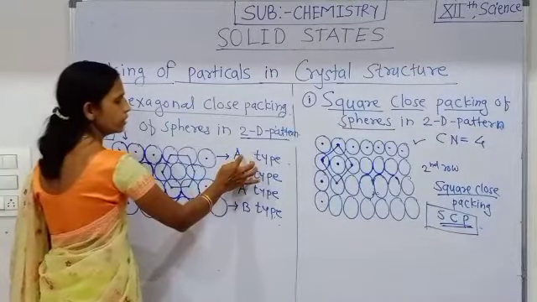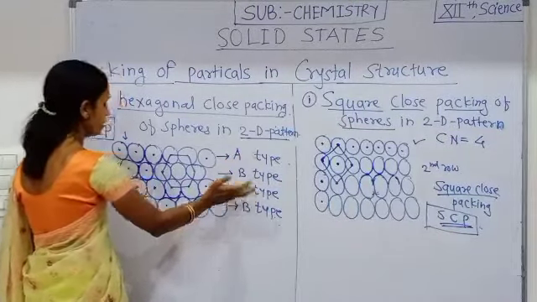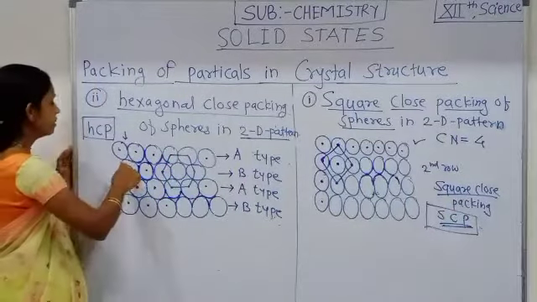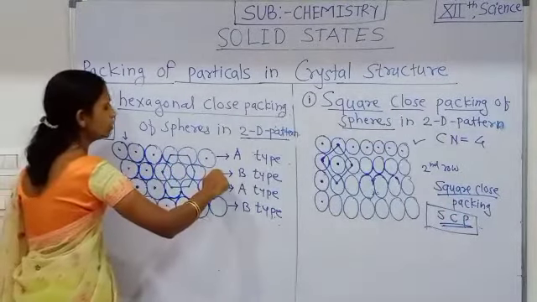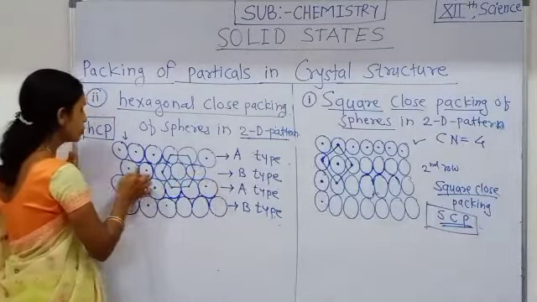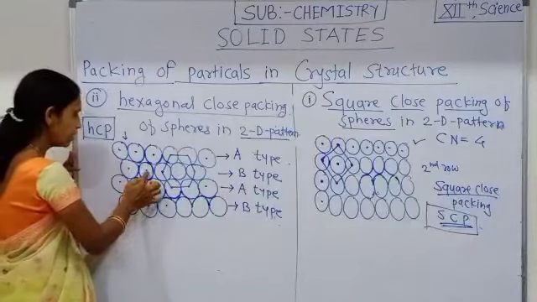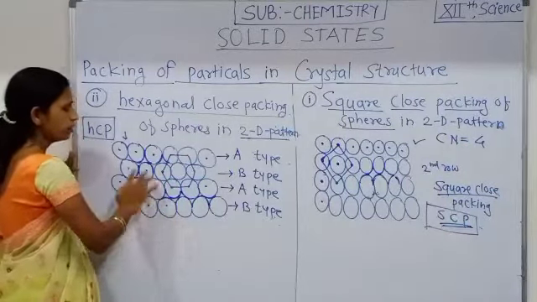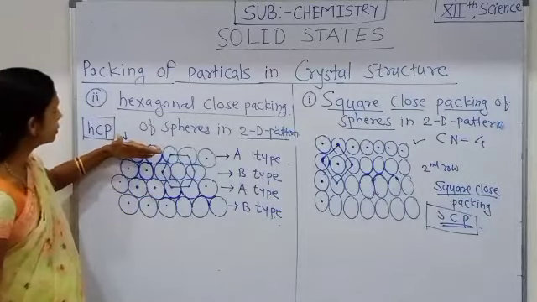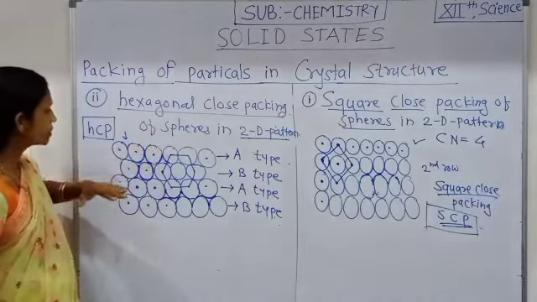So the first row is of A type, and the third row is of A type, while the spheres in the second row and the fourth row also get exactly aligned, so the second row is different from the first row.